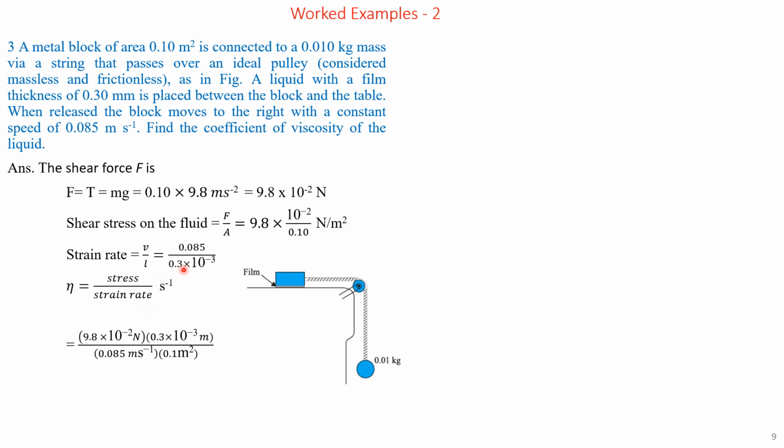The denominator is inverted and goes to the numerator of this equation, that is 0.3 into 10 to the power of minus 3 in meters. Simplifying, we get the answer as 3.46 into 10 to the power of minus 3 Pascal seconds. This you please write and work out yourself step by step as shown in the figure.